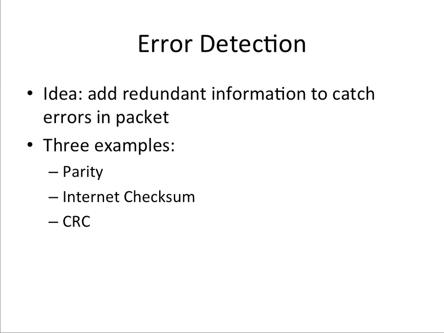So you need to be able to detect the errors. Typically, errors are detected by adding some type of redundant information to the packet. This information gives you an idea for what the packet is supposed to look like, or what property this packet should satisfy. And here are three standard techniques called Parity, Internet Checksum, and CRC.